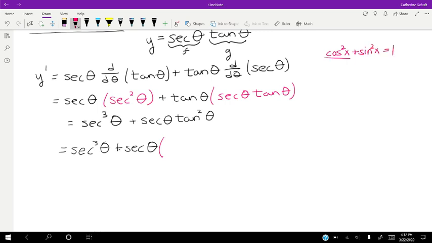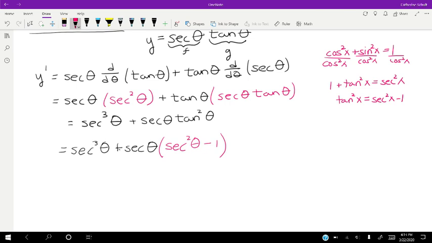But then we can divide everything by cosine squared. So we have 1 plus tangent squared is equal to secant squared. Okay, so tangent squared theta, subtracting 1 from both sides, is also secant squared minus 1. So if we wanted to get everything in terms of secant, and sometimes your textbook does this, we can make that substitution.